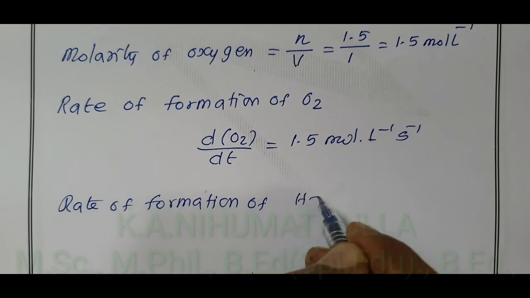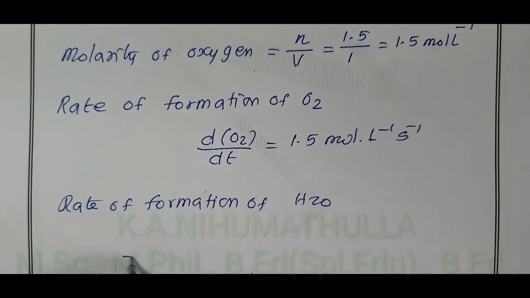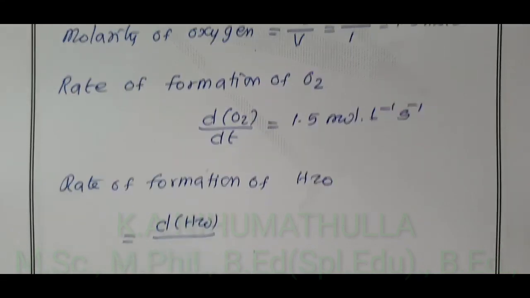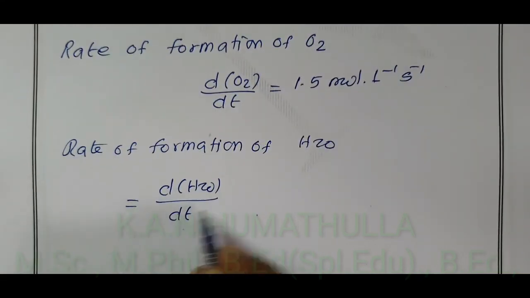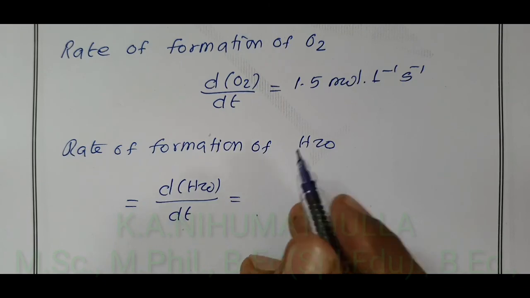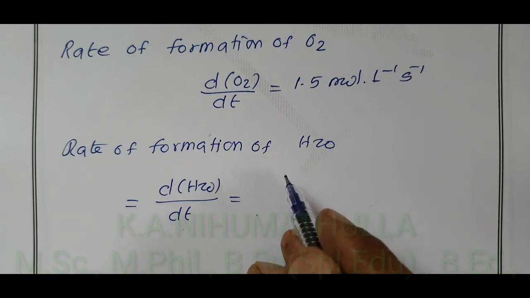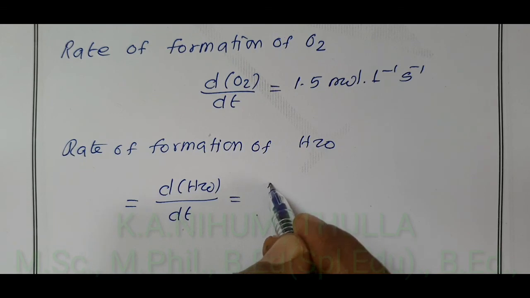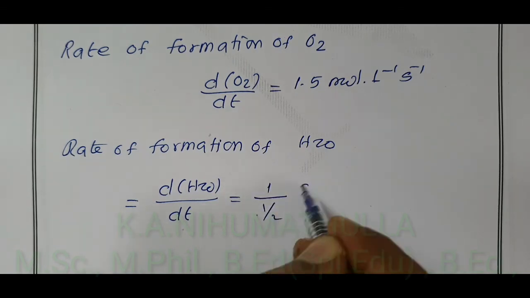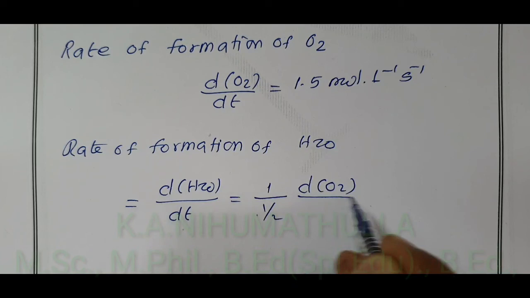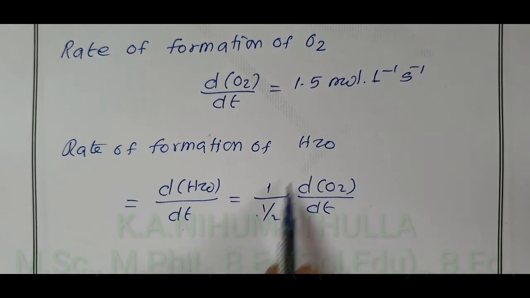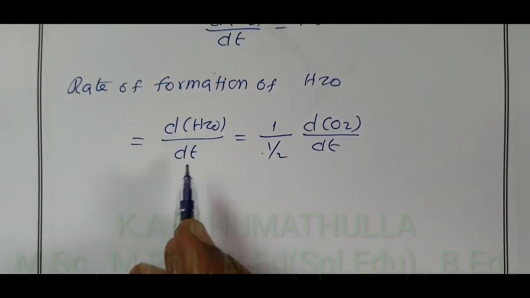water molecule is equal to d of H2O by dt is equal to, from the problem we can write, 1 by 1 equals 1 by 2 into d of concentration of O2 divided by dt. This value we know, we have to calculate this value.